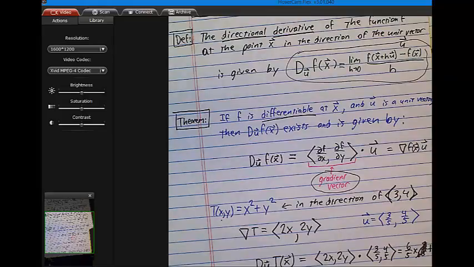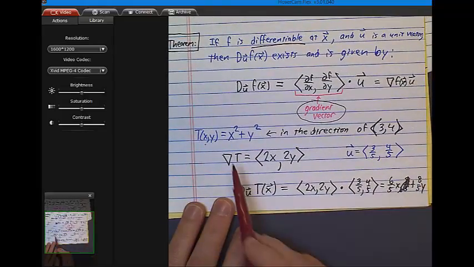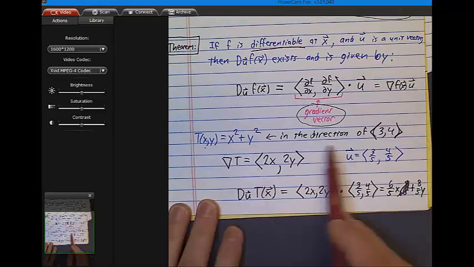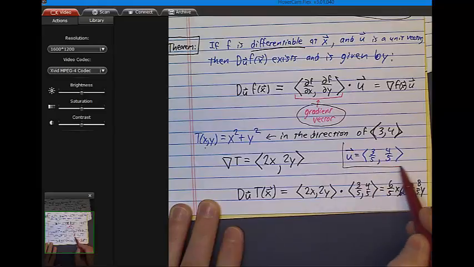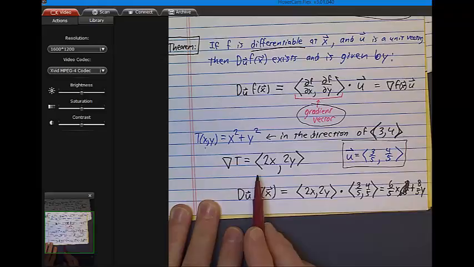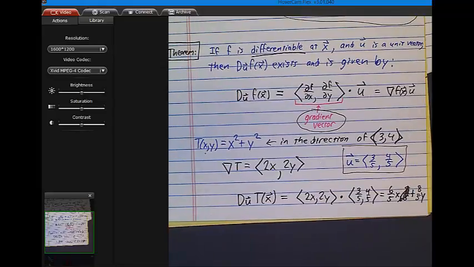And so we did an example. If this is my function, x squared plus y squared, and I want to move in the direction of 3, 4, I need a unit vector first of all. So we made it 3/5, 4/5. And we took the gradient vector. The gradient of f would be this. That's pretty simple. And then we computed the dot product.